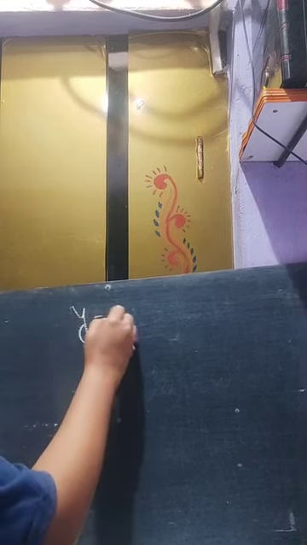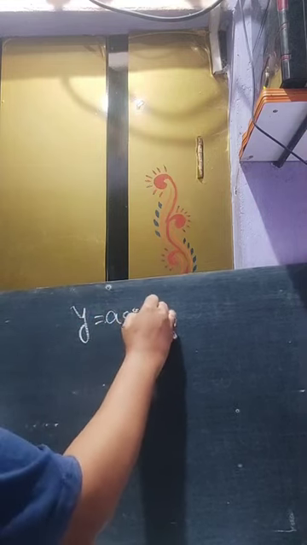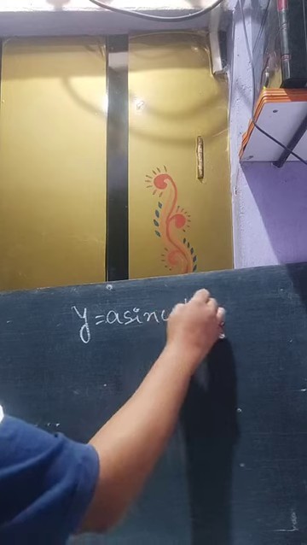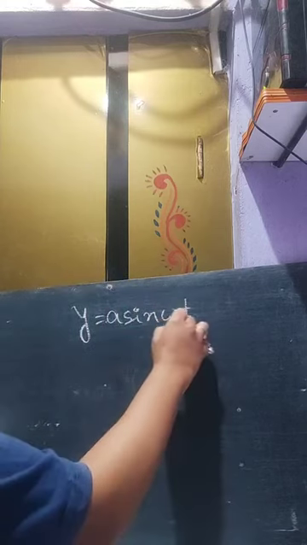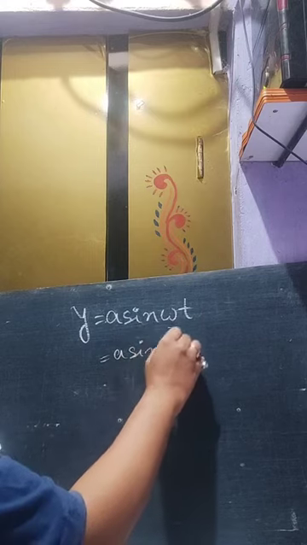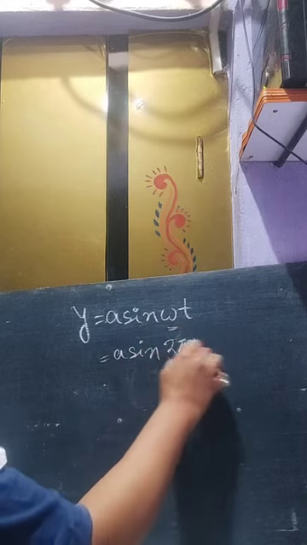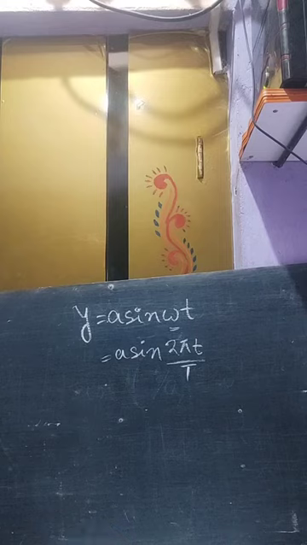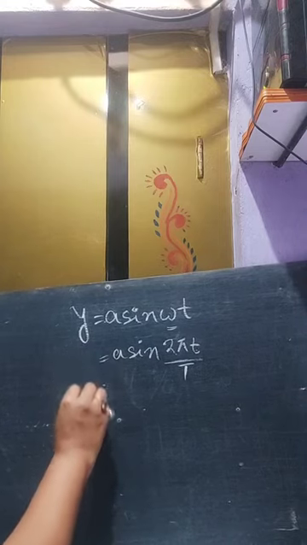So, in general, an SHM, what is the definition or what is the general form of SHM? That is y equals a sin omega t, right. Instead of this omega, we can write a sin 2 pi t by capital T. Now, what will be the v corresponding to this?